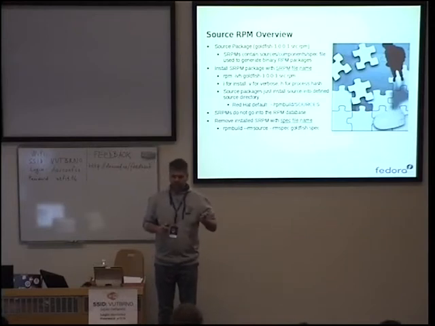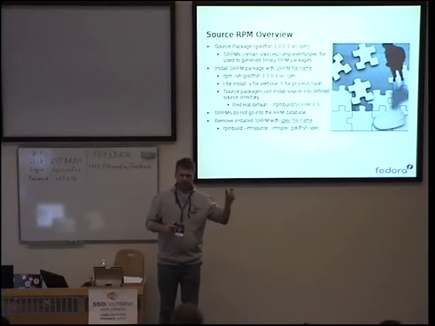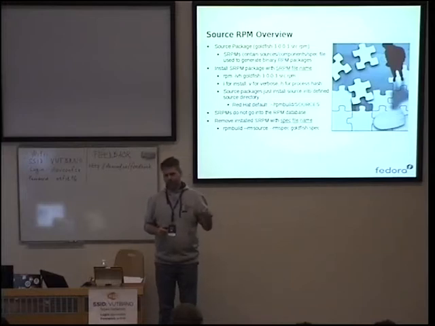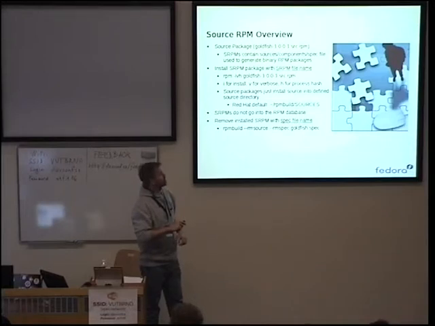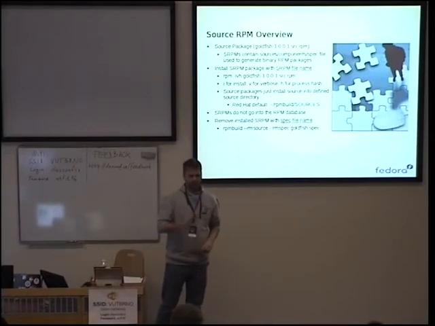While binary packages go directly on your disk and are recorded in the PackageDB, source RPMs are not recorded in the PackageDB. They are just copied into the rpmbuild directory. The tar files go into the sources directory, and the spec file goes into the spec directory.